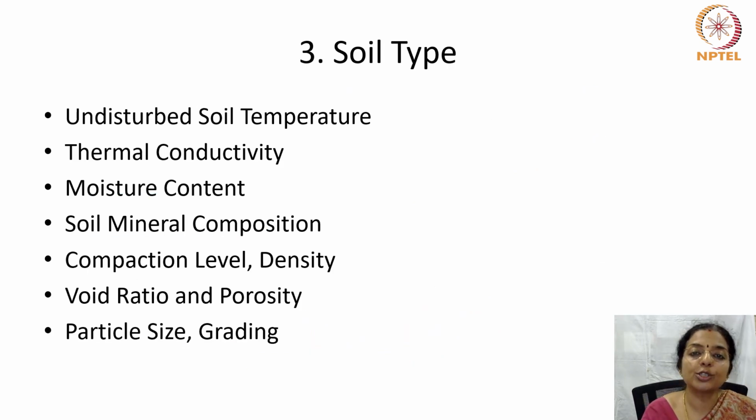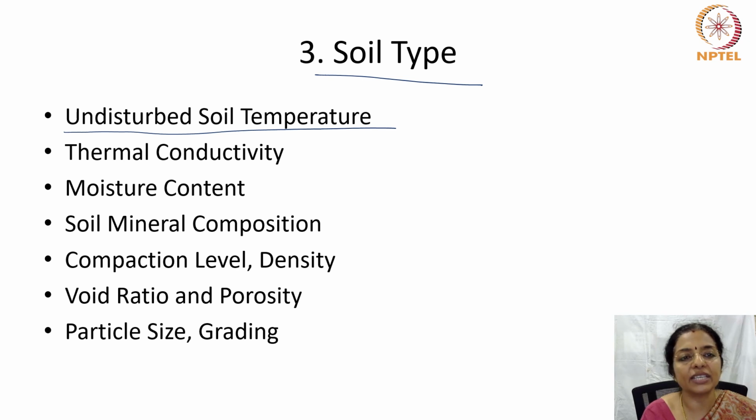Third is soil type. So soil type is very important. You should have undisturbed soil temperature. So the soil temperature should not be disturbed. It will normally not be disturbed unless there is a water body or something like that. Next is thermal conductivity. The thermal conductivity of the soil is very important.